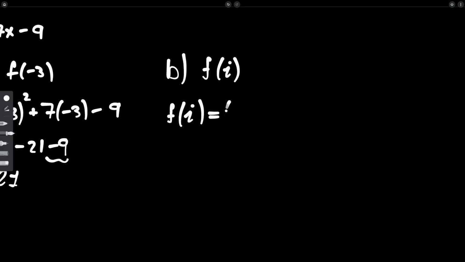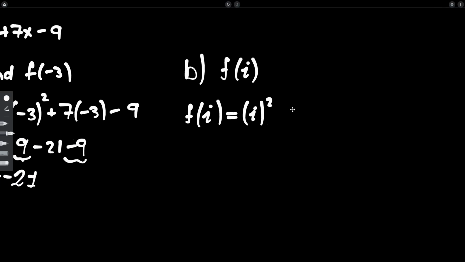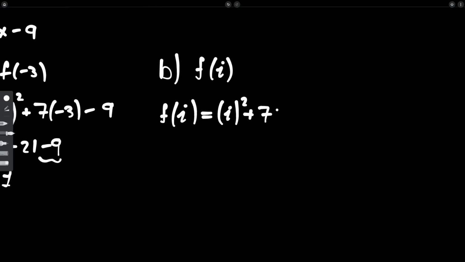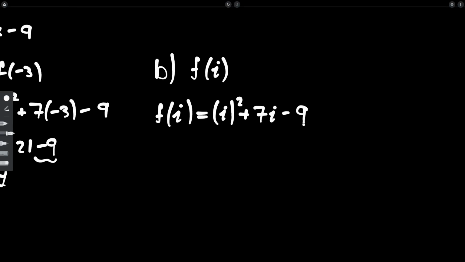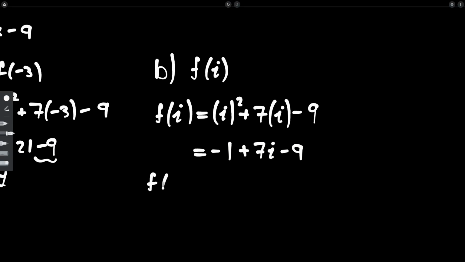So we have i squared plus 7i minus 9. As we know, i squared is negative 1. This becomes 7i minus 9, and this simplifies to f of i equals 7i minus 10.